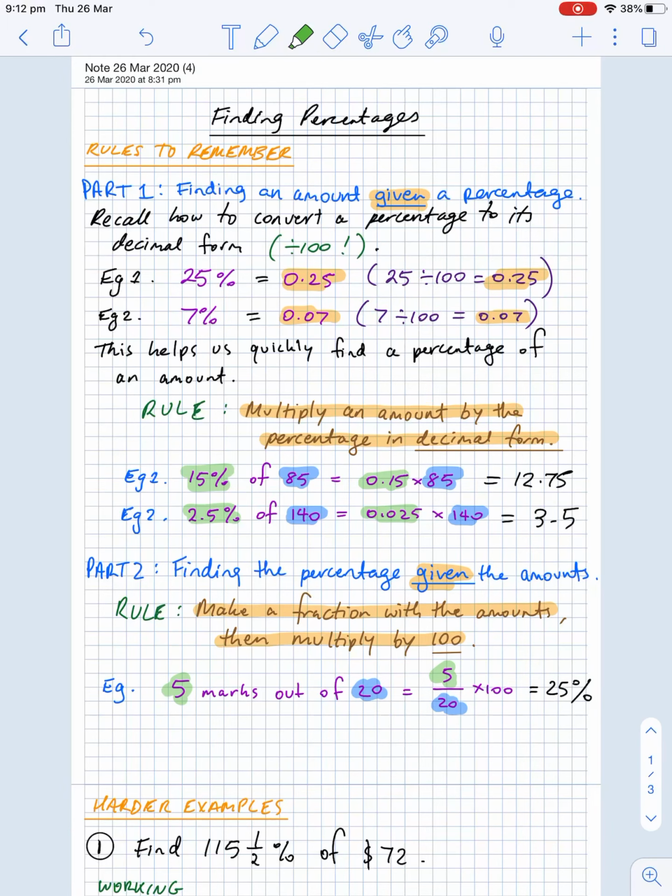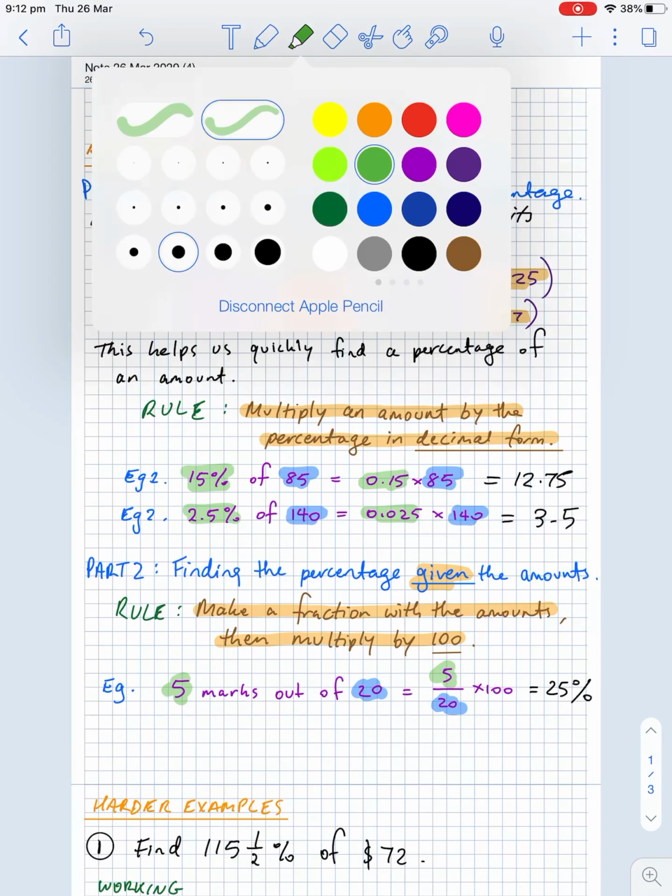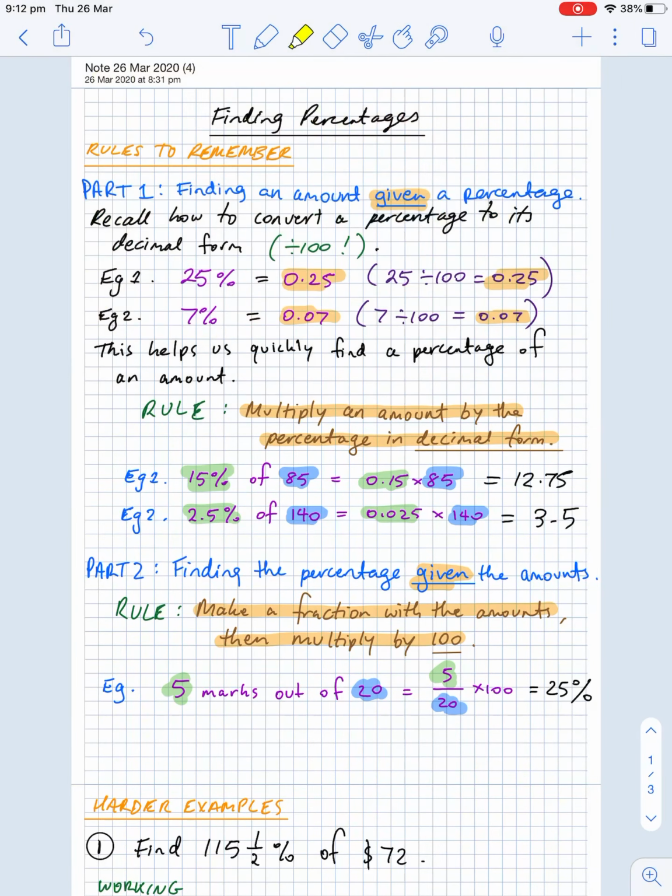Okay, so that's the first thing you need to do. What you then need to do afterwards is use this rule. You need to multiply your amount by the percentage in this decimal form that we've just done. So, for example, if we do 15% of 85, we just think to ourselves, we're multiplying something by our 85, and we just multiply by the decimal version.